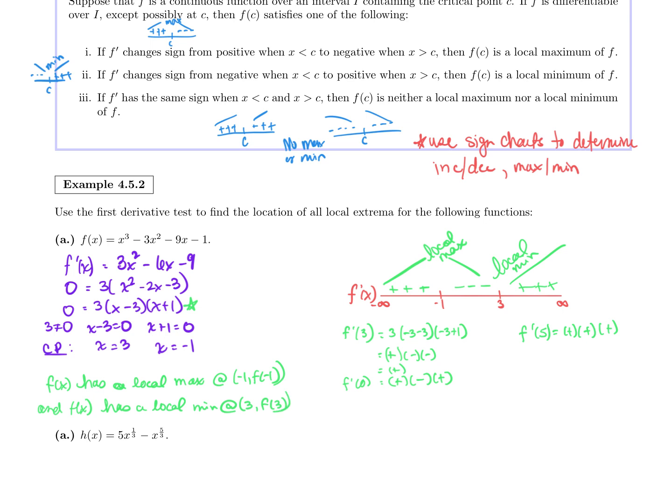And we could actually find f of -1 and f of 3, but I'm not worried about that too much on this problem yet. We'll get to that. We'll start plugging in points later.